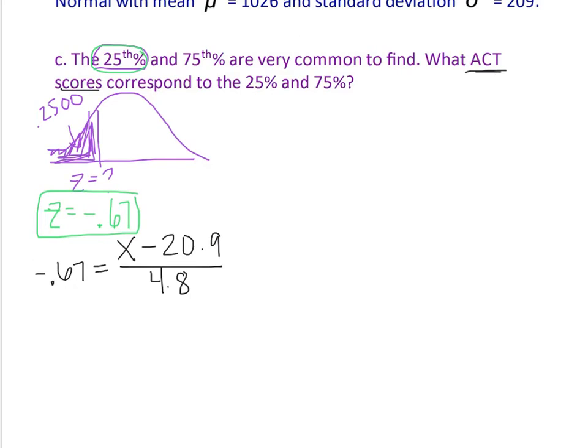So I multiply both sides by 4.8. Those cancel, and I'm left with x minus 20.9 on the right side and negative 3.216 on the left side.